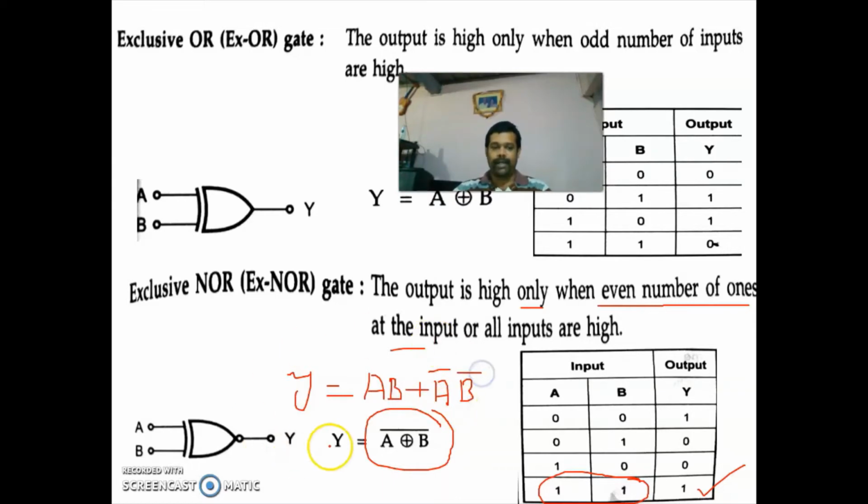This is the expression for exclusive NOR gate, and the symbol is a circle with a dot in the center. It is exclusive NOR. The output is high only when all the inputs are high, or when there is an even number of ones at the input. But in the case of exclusive OR, the output will be high only when you have an odd number of one inputs. So here, when you get an even number of one inputs, the output is high.